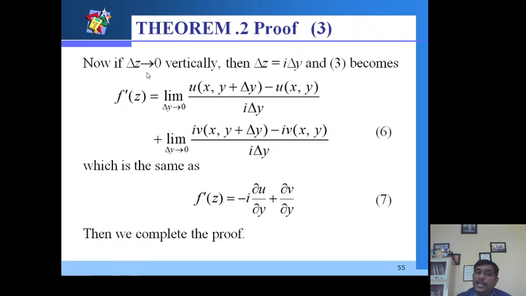In a similar way, if delta z tends to 0 vertically, delta x becomes 0 and delta z is equal to I times delta y. Then equation 3 becomes u of x comma y plus delta y minus u of x comma y divided by I into delta y.